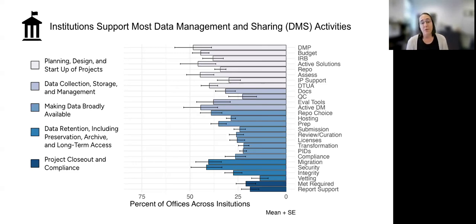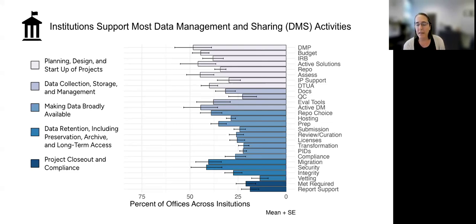So what we found was that institutions provided support for nearly all or for all data management activities that we inquired about, with the largest proportion of offices providing support for those in the planning, design, and startup phase of the process. You can see some of the big ones here: support for reviewing data management and sharing plans, an average of about 48%.